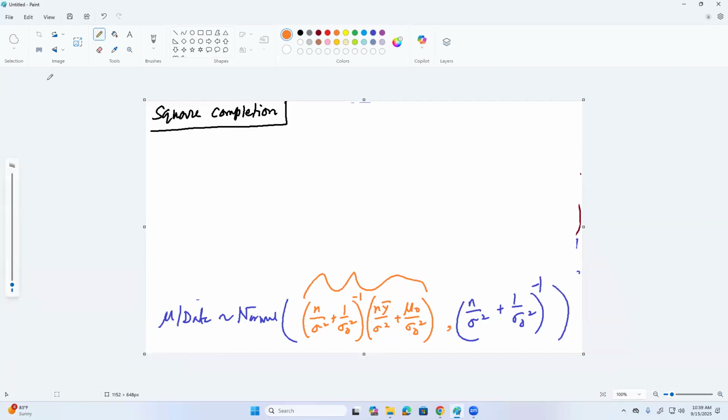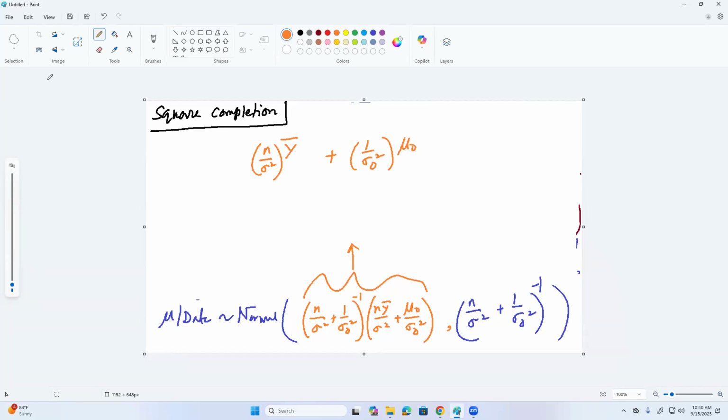You can see this is the weighted average. If I rewrite it as follows, y bar times n over sigma square plus 1 over sigma 0 square times mu 0.